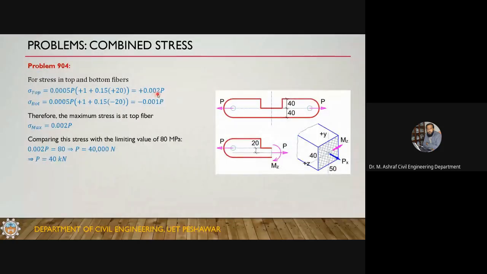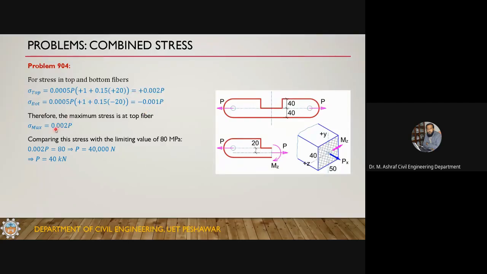Usually the maximum stresses are either in the top or in the bottom fiber. In the top fiber, the value of y is plus 20. If you simplify this, it will result in 0.002P. And in the bottom fiber, it results in minus 0.001P. So this is 0.002P and 0.001P.